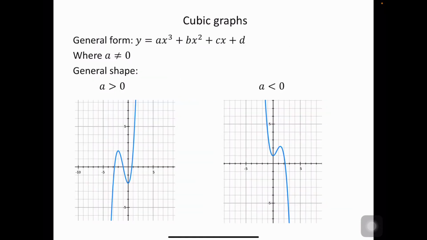This is really important to the shape of a cubic graph, so look to see whether it's positive or negative. It will be really important when you're sketching or plotting that graph.